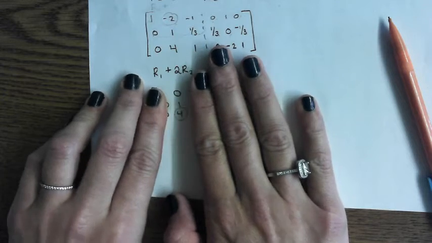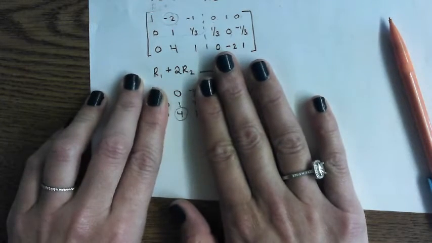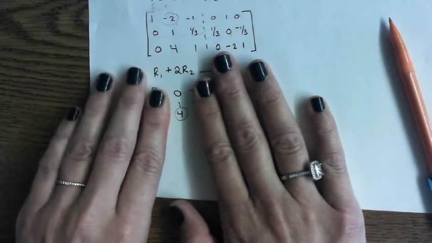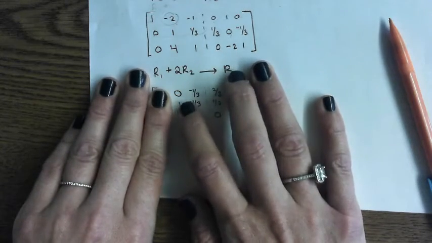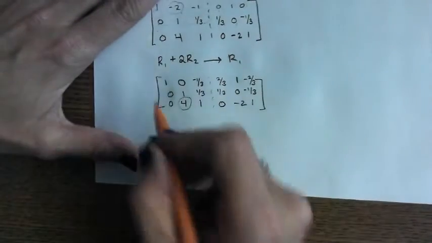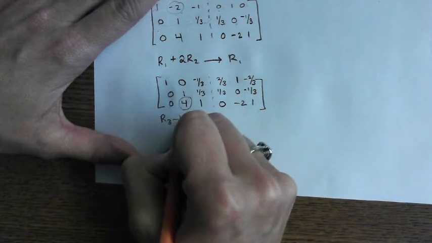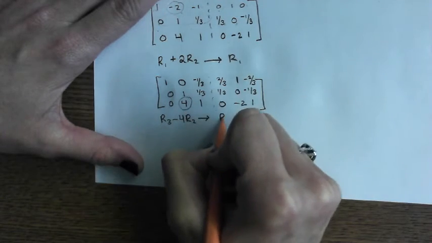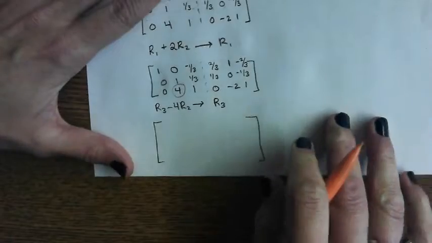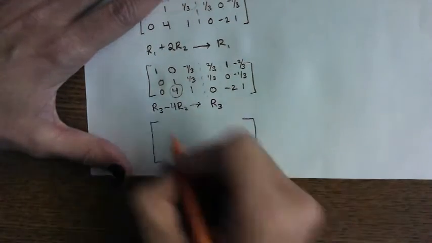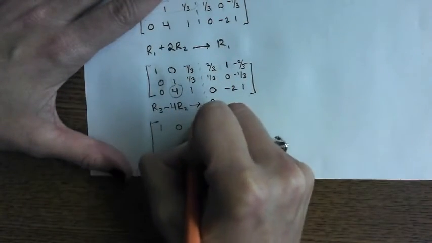You only focus on the column you're working on to help make that decision, and covering those other things up might help you. I would take 4 and I would have to subtract 4 times the 1. So that's row 3 minus 4 times row 2, and that's going to become our new row 3, which means row 1 and row 2 are just getting copied over. So do that.